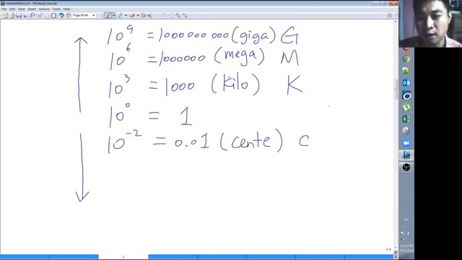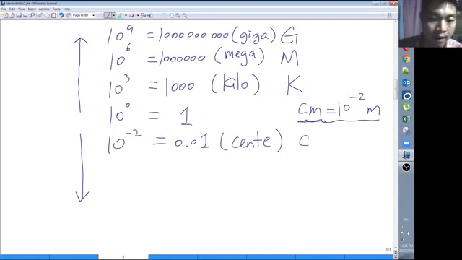I hope you can recall centimeter. Centimeter is actually your 10 to the power negative 2 meter.